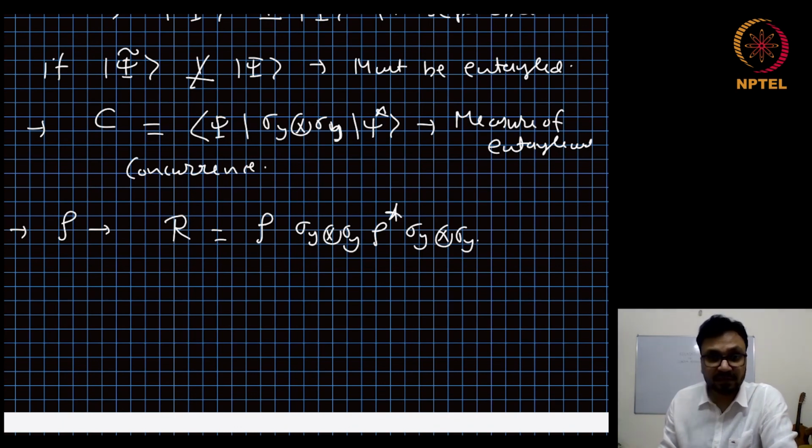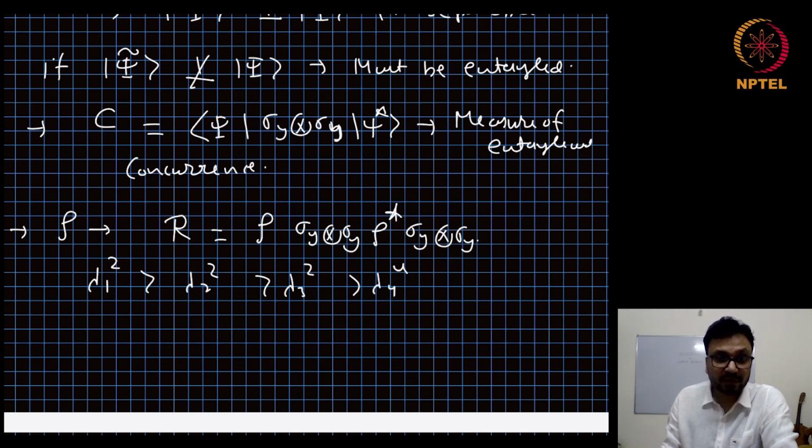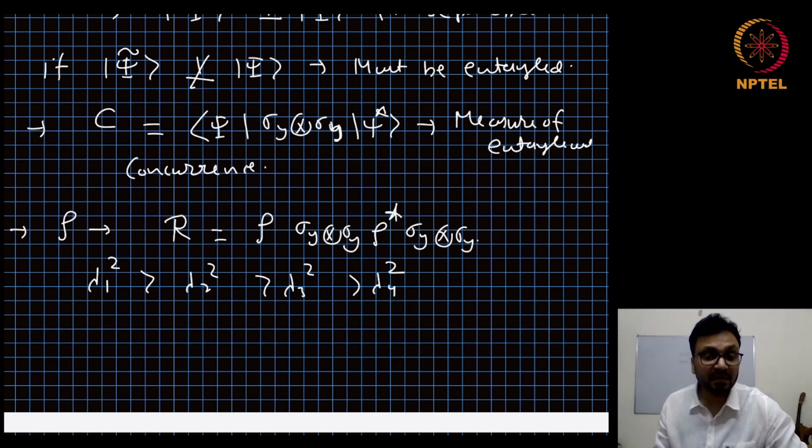It has been proven that if rho is a valid density matrix, then R has eigenvalues given by lambda 1 square, which is greater than lambda 2 square, lambda 3 square, lambda 4 square. It means all the eigenvalues of R are real and positive.